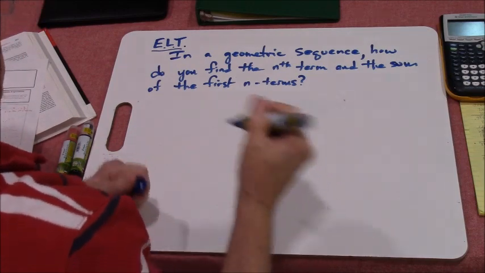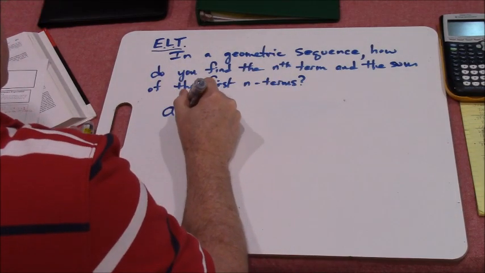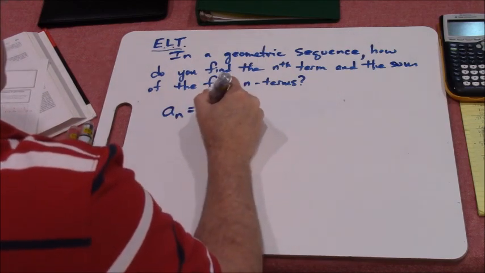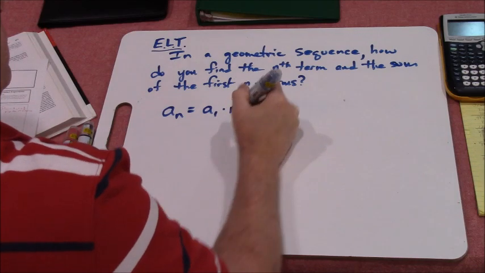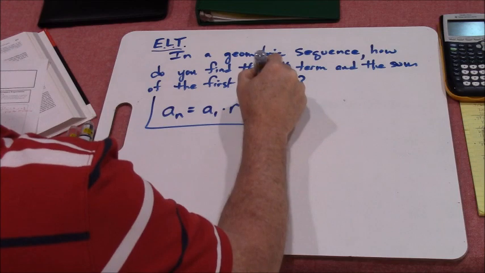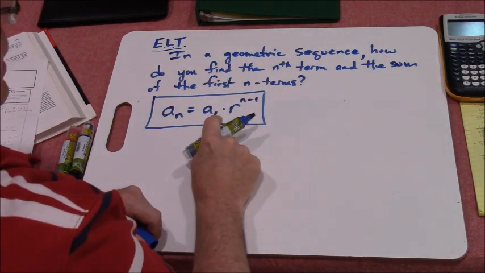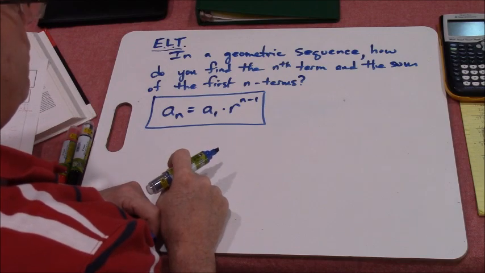All right, so our two formulas. First of all, the nth term is going to be the first term, which is a sub 1, times r raised to the n minus 1. Remember, this is when we're multiplying to get to the next term, and r is the number that we're multiplying by.